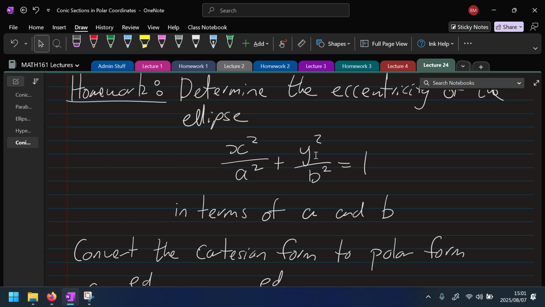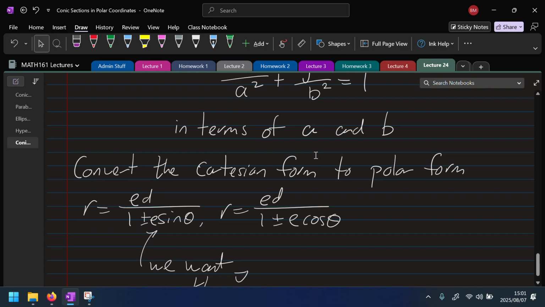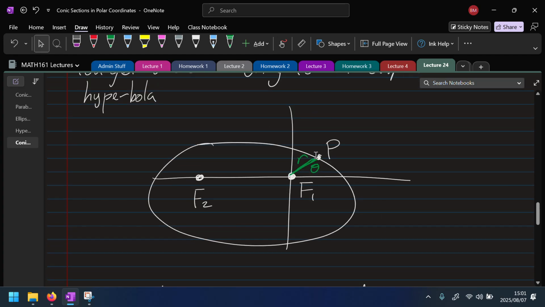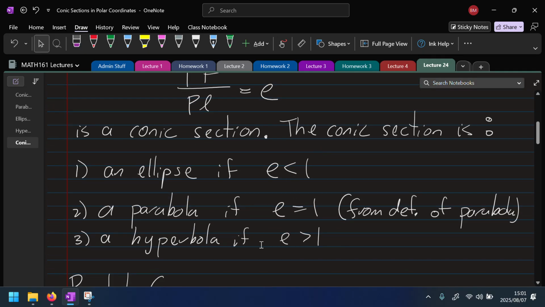Or, the other way, if I give you the polar form, you need to identify which one it is. It will be one of these three: is it an ellipse, parabola, or hyperbola? Anything?